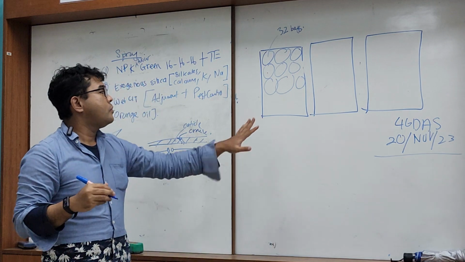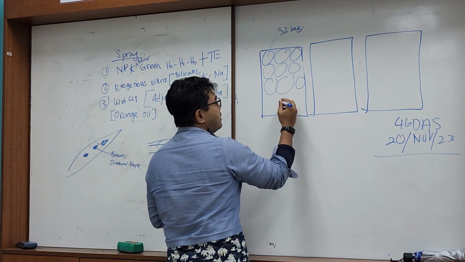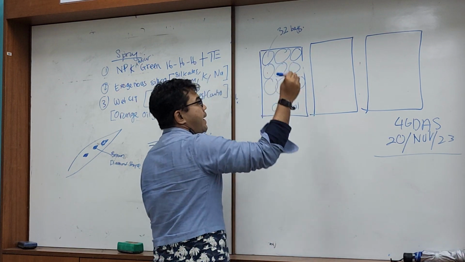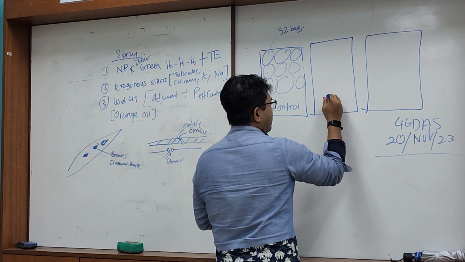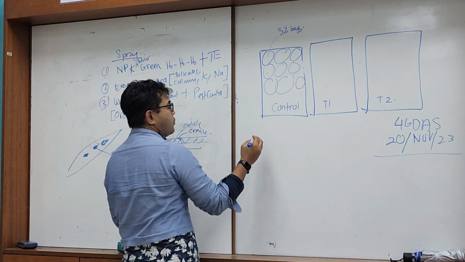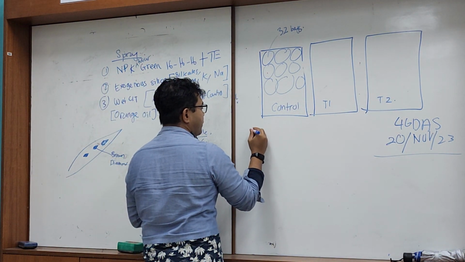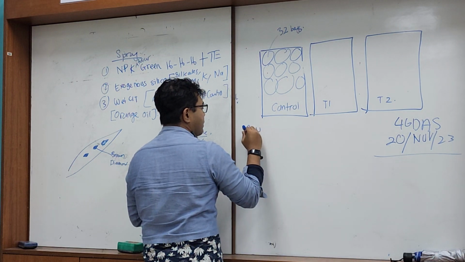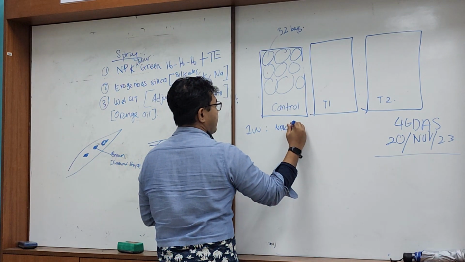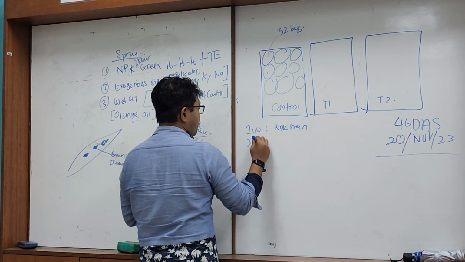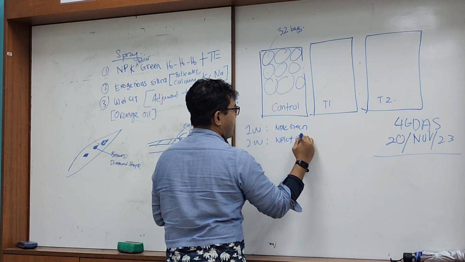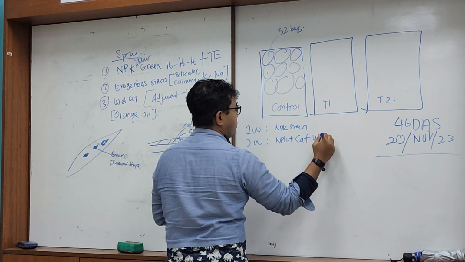Okay. So let's put it this way. Tray number 1, let it be the control, and we have treatment 1 and treatment 2. For the control, in the first week it receives NPK green. In the second week, it receives whatever you gave just now, NPK plus calcium plus water seed.